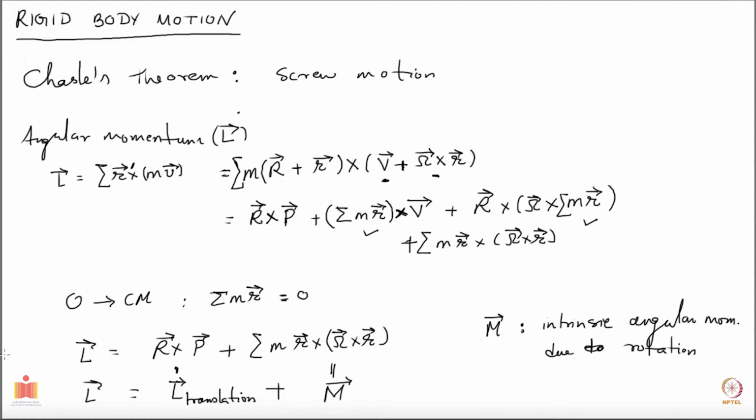M r cross omega cross r. So let me write down again. My intrinsic angular momentum of the rigid body M is given by summation m r cross omega cross r.